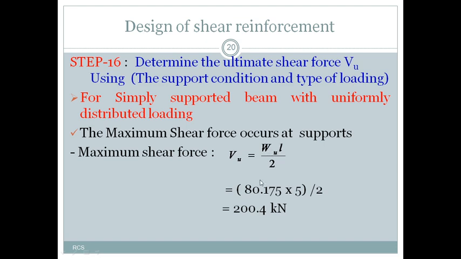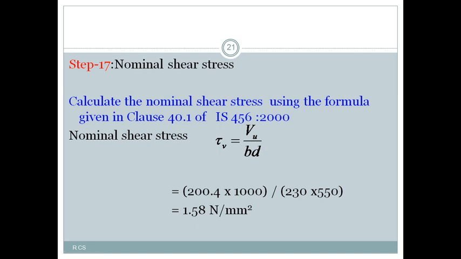This is the factored load, so it is a factored shear force. W equal to 80.175 into 5 whole by 2, which gives 200.4 kilonewtons. Next, we calculate the nominal shear stress as per IS 456, clause 40.1.